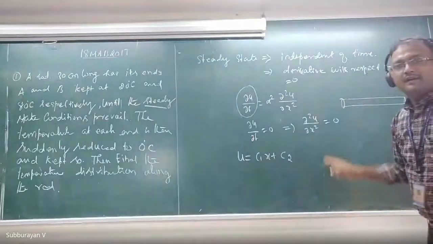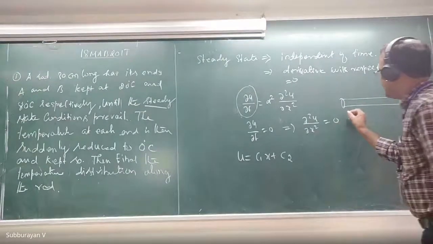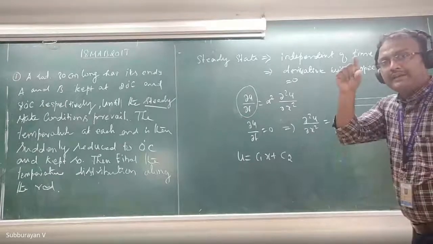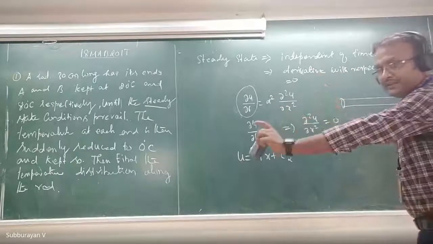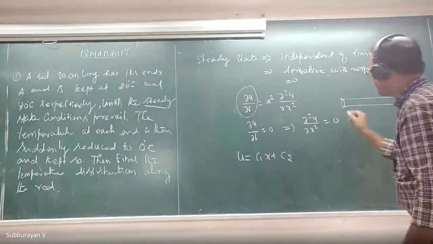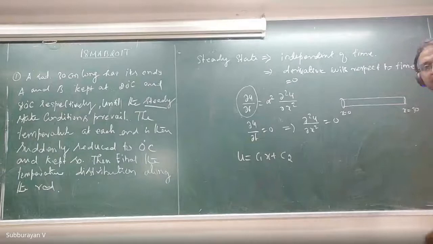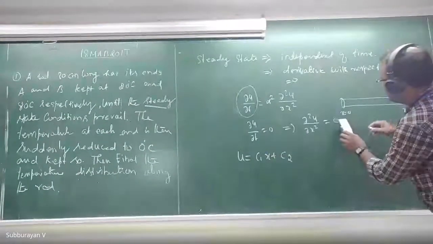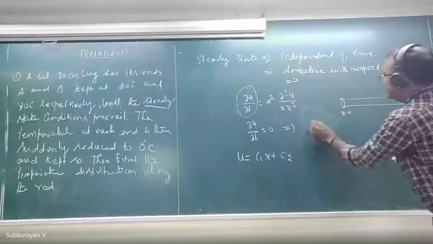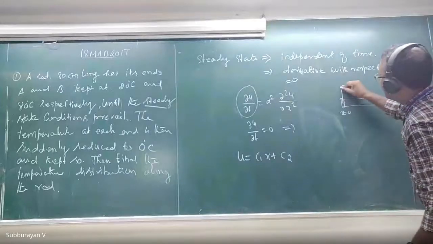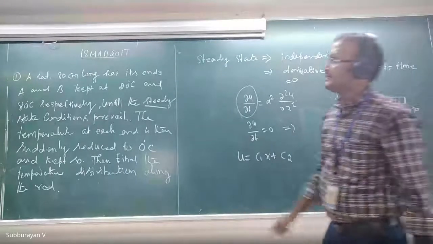Okay, a rod of length 30 centimeters, and already I told you that the rod is kept on the x-axis for convenience. So this is x equal to 0 and this is x equal to 30. Now, initially the temperature at this point, how many degrees Celsius? 20 degrees Celsius.